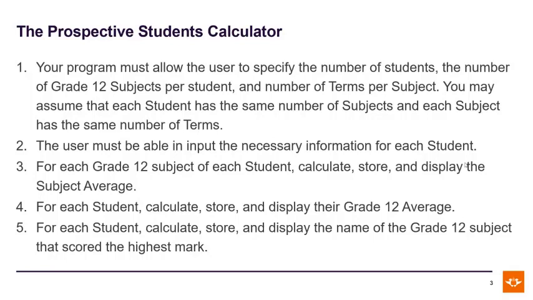That's all it said, input the information. But the very next question says, for each grade 12 subject of each student, calculate, store, and display the subject average. So we never asked you to display the marks for each term, for each subject, for each student.